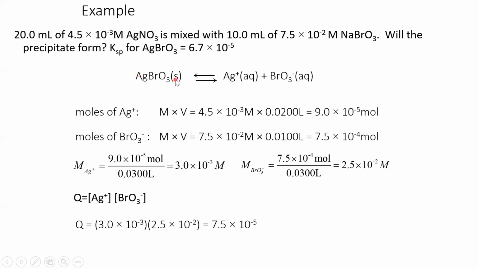Left. Are we going to form a precipitate? Yes. Okay. So in these kinds of questions, we're taking two solutions and we're mixing them together, and we want to find out whether we have too much ion in the solution. And if we do, then a precipitate's going to form.